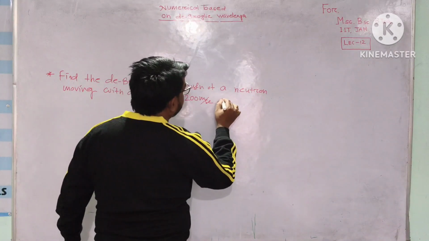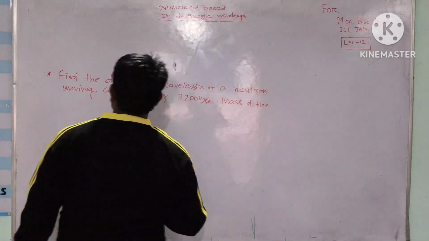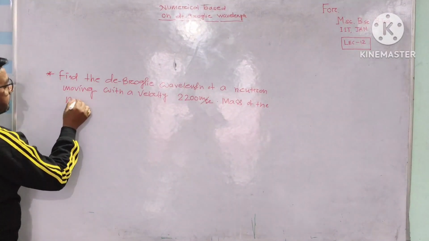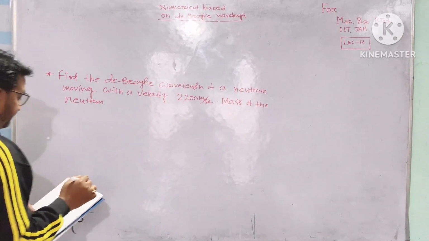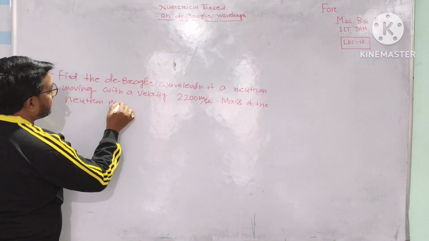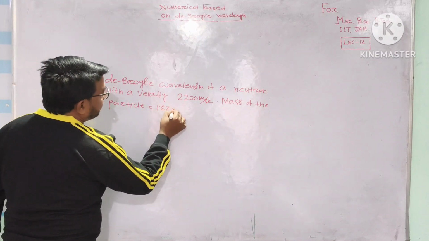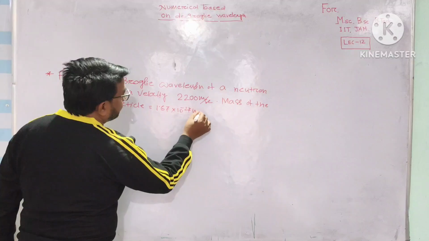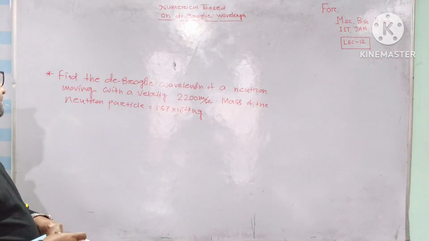Mass of the neutron particle is 1.67 into 10 to the power minus 27 kg. Okay, this is our first numerical problem.